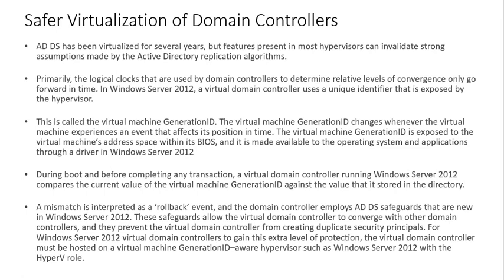These safeguards allow the virtual domain controller to converge with other domain controllers, and they prevent the virtual domain controller from creating duplicate security principals. For a 2012 domain controller to gain this extra level of protection, the virtual domain controller must be hosted on a virtual machine generation ID aware hypervisor such as the Hyper-V role.